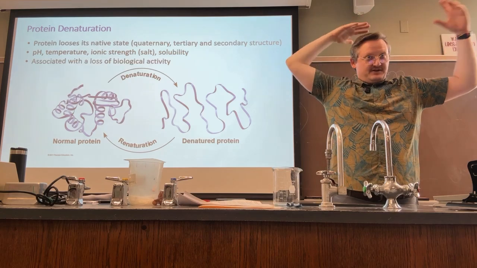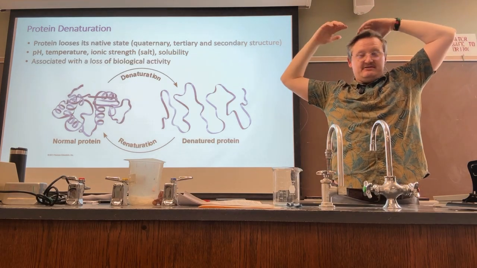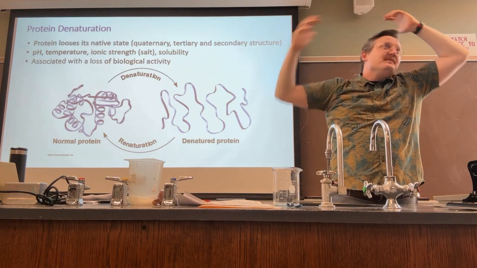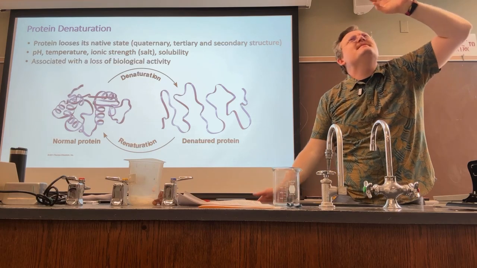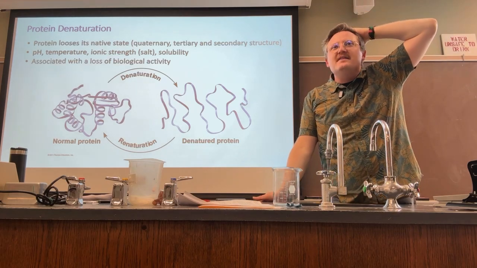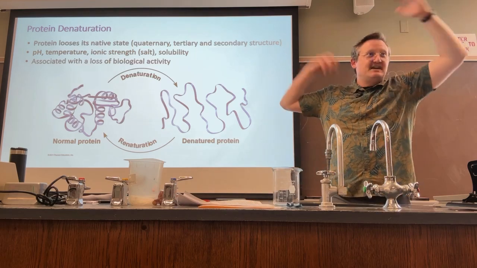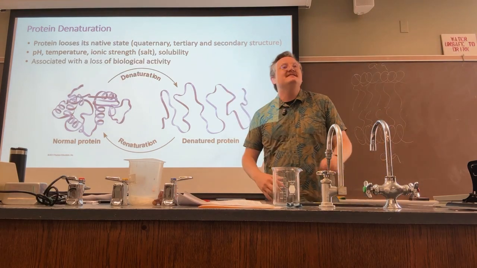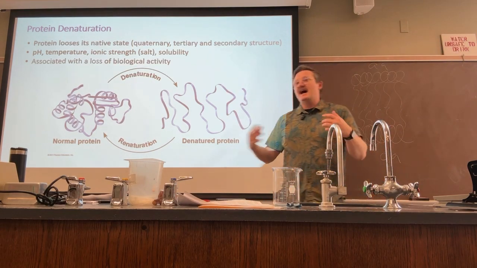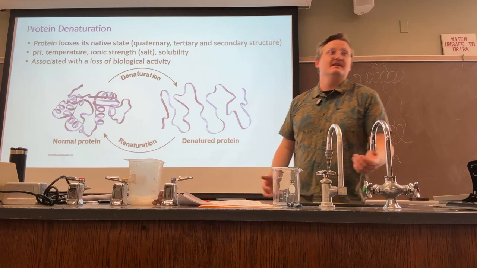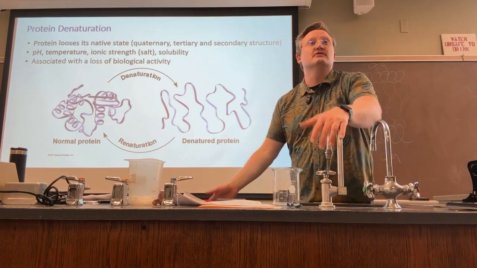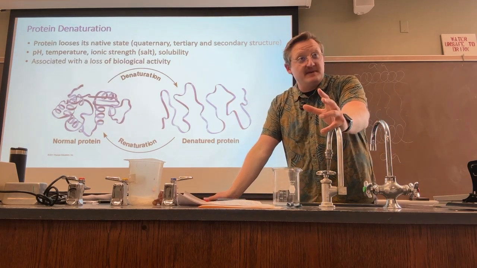The hydrophobic interaction going on between my hand and my head isn't maybe affected as much by the extreme pHs, but remember that this tertiary structure has a bunch of different side chain interactions. And the hydrogen bonds, those are certainly going to be denatured or broken down by an extreme pH.